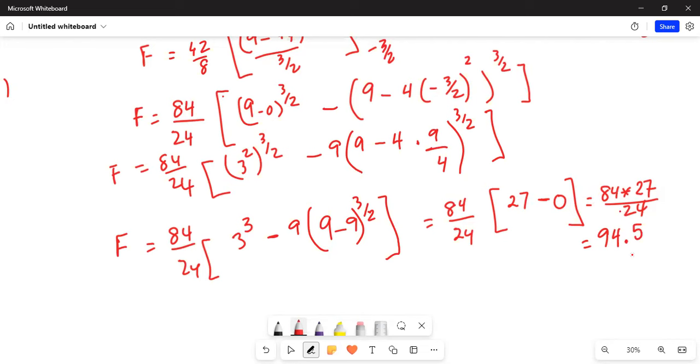And the unit will be pounds. So this is the final answer of the force on one of the circular faces of the cylinder. So let me go over the steps one more time just to make sure that you understand what's going on.